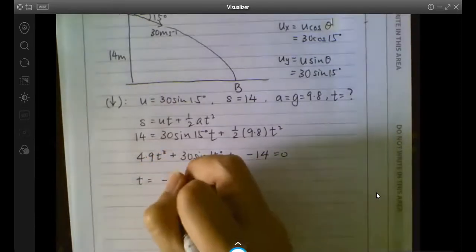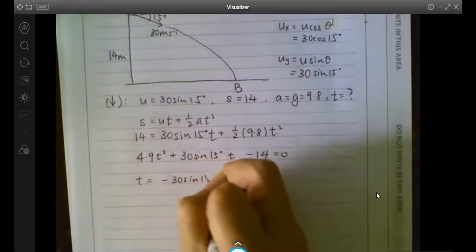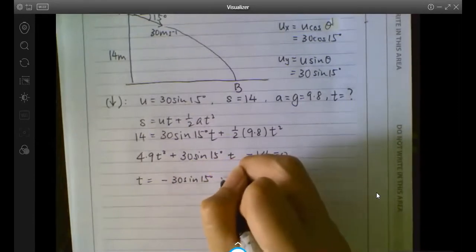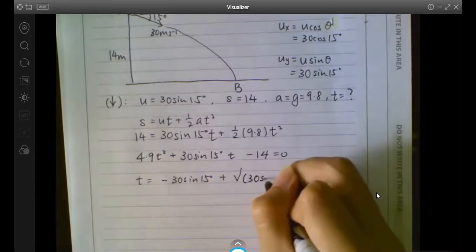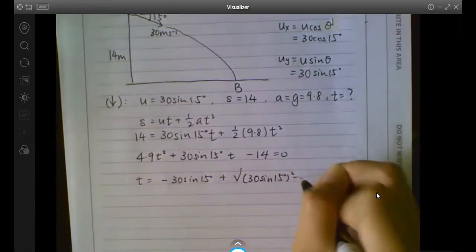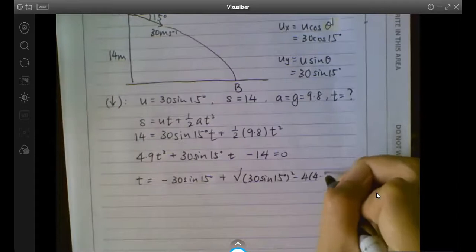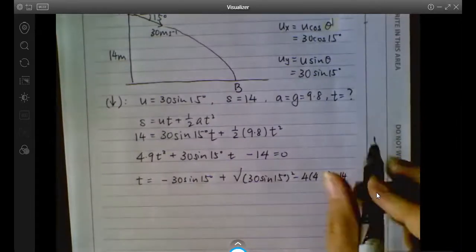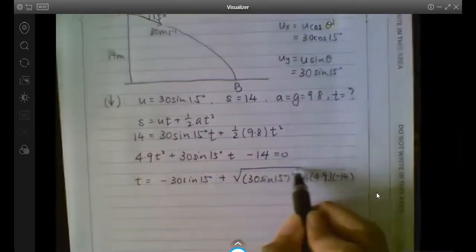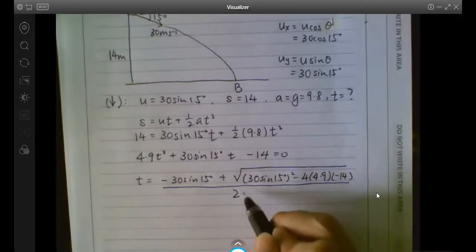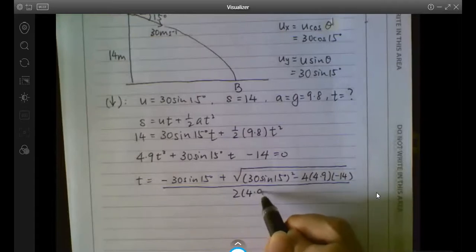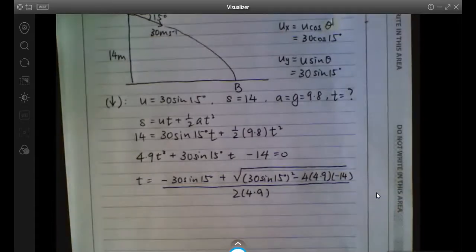So it's minus b plus or minus square root of b squared minus 4ac, whole thing over 2a, like this.